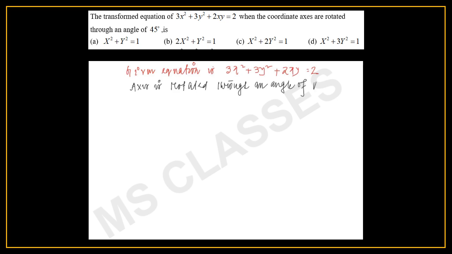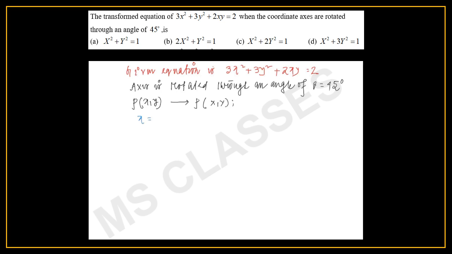Angle theta we write, that is 45. Now in that case, in the given equation we replace x by the new coordinate system. Suppose we had initially a point P, x comma y on the curve. Now this gets changed to some P prime, which is capital X comma capital Y, you can consider.